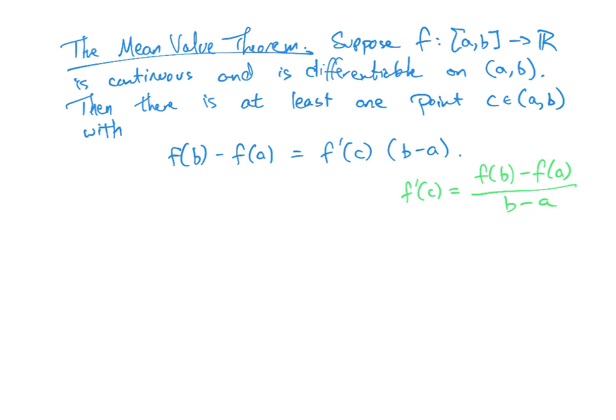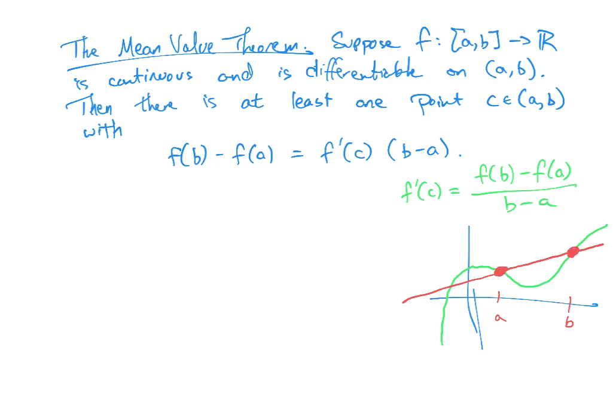Okay, and the geometric intuition for this is that you've got some function, and you're taking 2 points, and you're going to connect them with the line. Okay, so that's my A and that's my B.